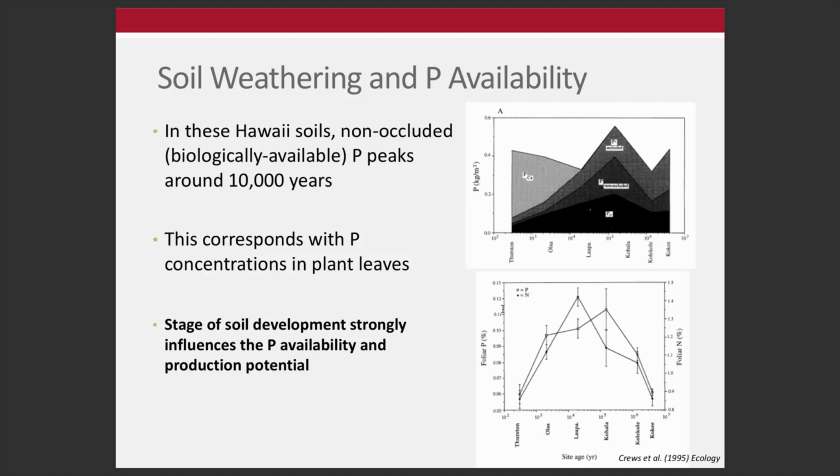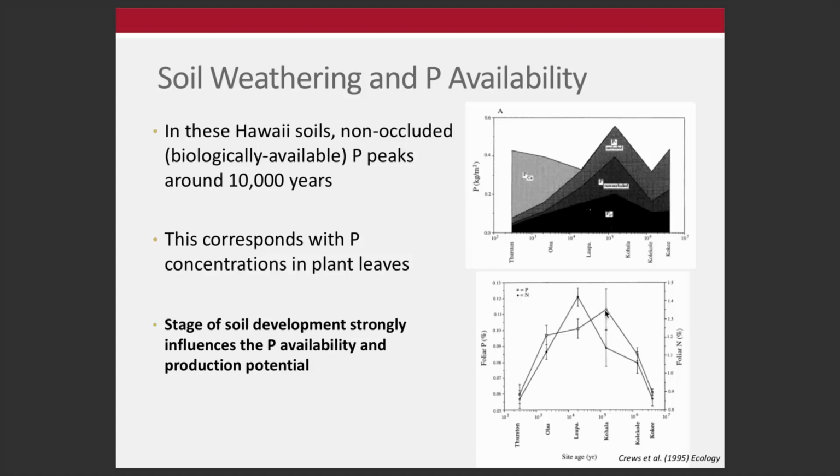And interestingly, if you sample foliar phosphorus concentrations, which is what these authors did, we can see the phosphorus as these open squares, nitrogen being these closed diamonds, if you can see that. And it's really around this 10,000 years where we see foliar phosphorus concentration increase.